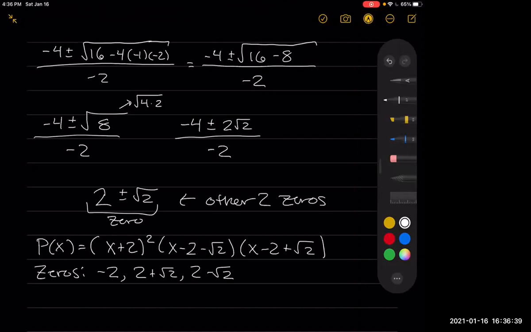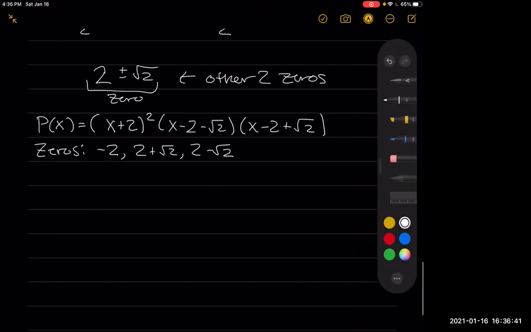And now when we graph it, looking at the original equation we had, it was negative x to the 4th plus 10x squared plus 8x minus 8. Well, here, our degree is even, and our coefficient is negative.